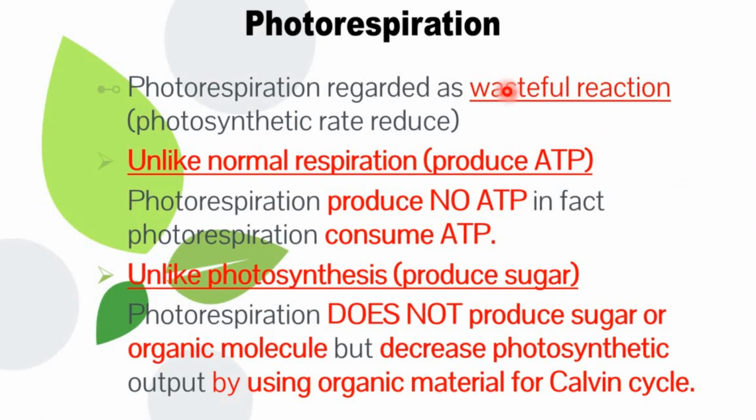Photorespiration is a wasteful reaction since it reduces the photosynthetic rate. It is unlike normal respiration since there is no production of ATP. It is also unlike photosynthesis since there is no production of organic molecule or sugar.